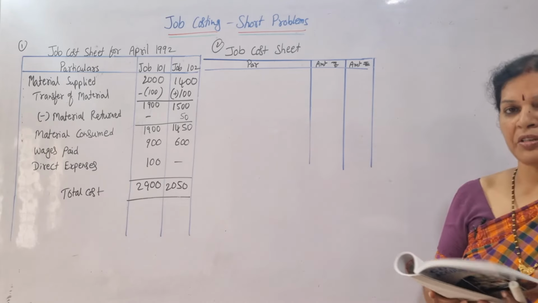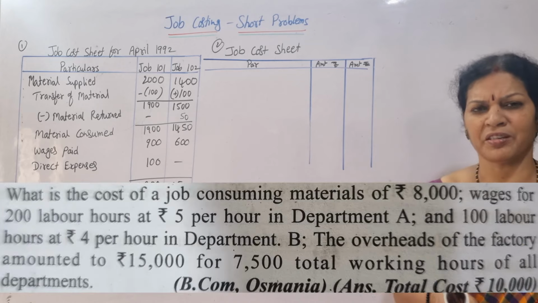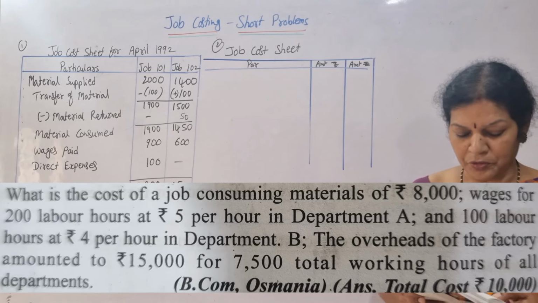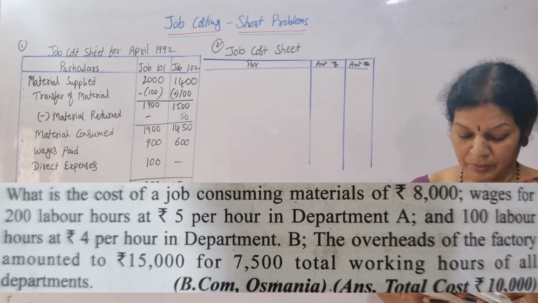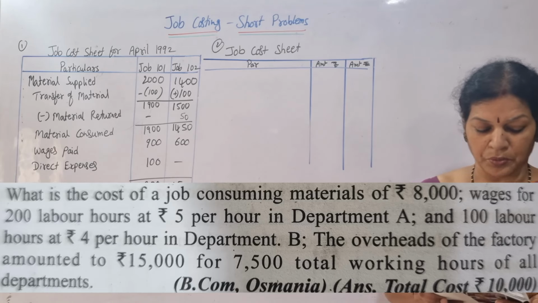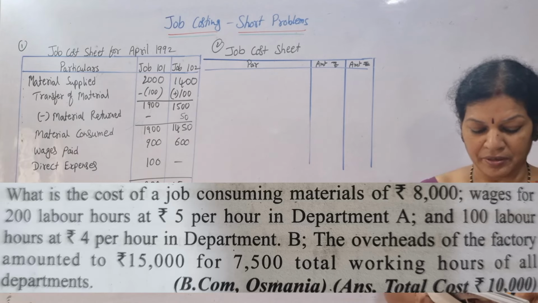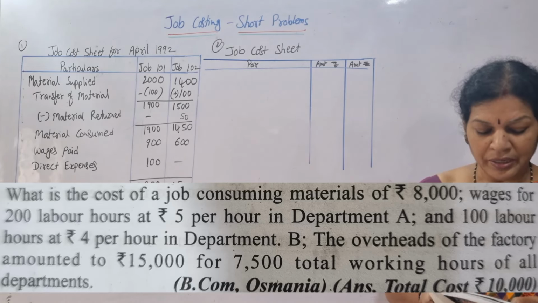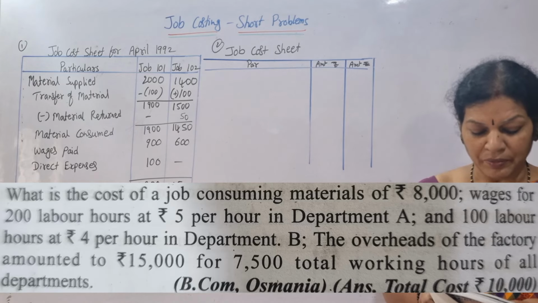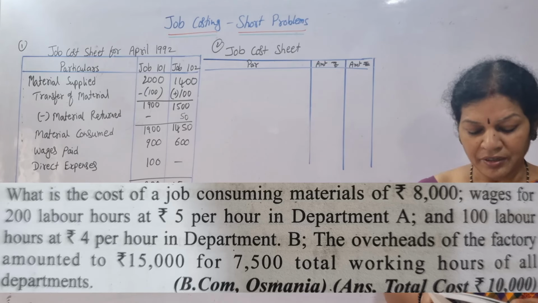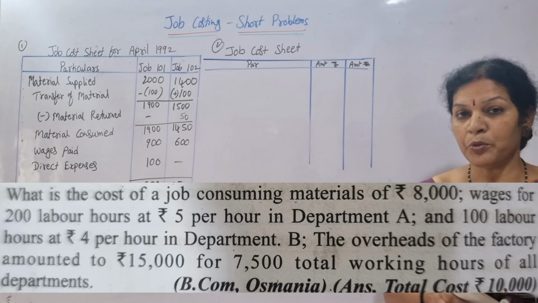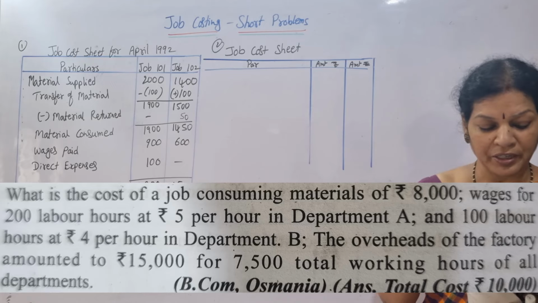Second problem, it's given on the desktop. I'll read it first. If you want, you can take a screenshot or note down. Now let me read the problem. What is the cost of a job consuming material of 8,000 rupees, wages 200 rupees, labor hours at 5 rupees per hour in department A. So here material is 8,000, wages 200, labor hours, 5 rupees per hour in department A, and 100 labor hours at the rate of 4 rupees per hour in department B. There are two departments, department A and B. Differently they have given labor hours.